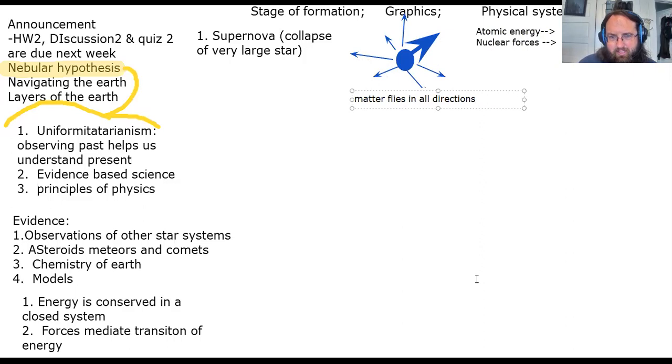Put some more colors on here. There we go. Matter flies every which direction. It is truly a spectacular event.